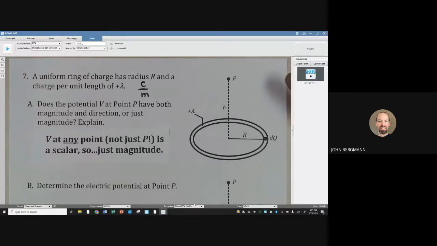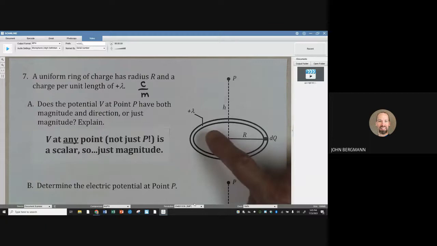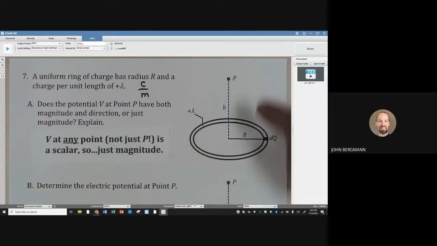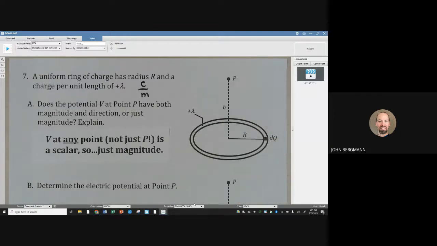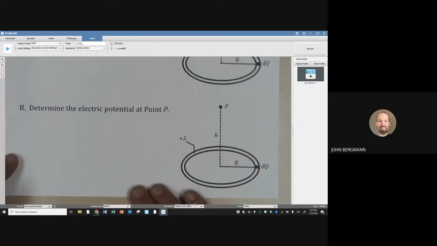Here we know it's going to be positive because the charge that is responsible for creating that potential is positive. But if this were a negative lambda, then the potential at point P would be a negative number, but it definitely wouldn't have any direction. So we don't have to take sine or cosine or theta into account at all.